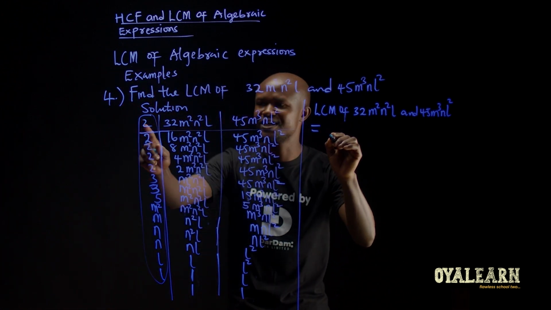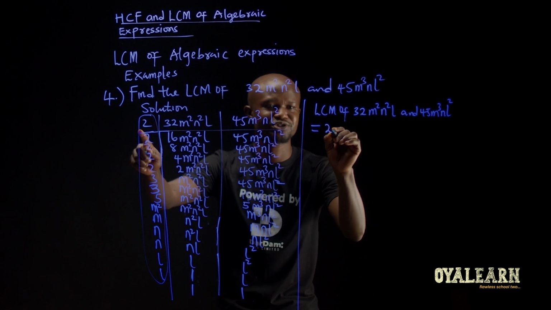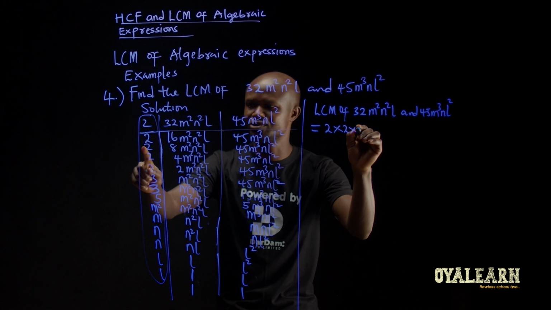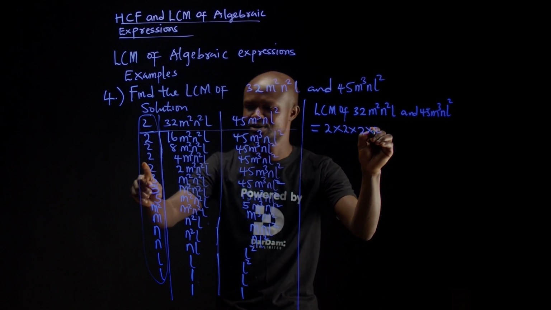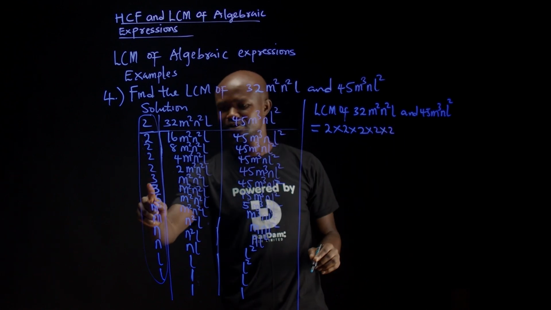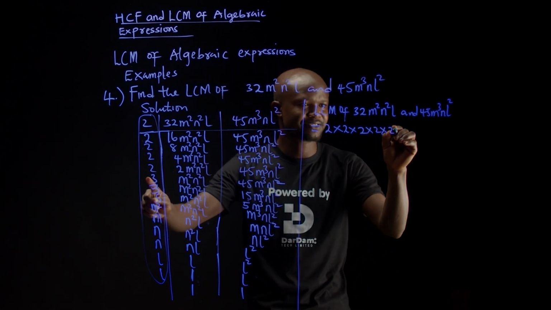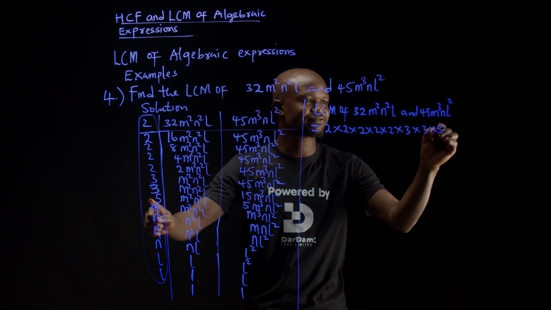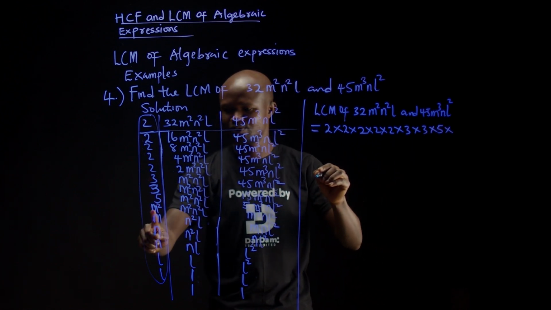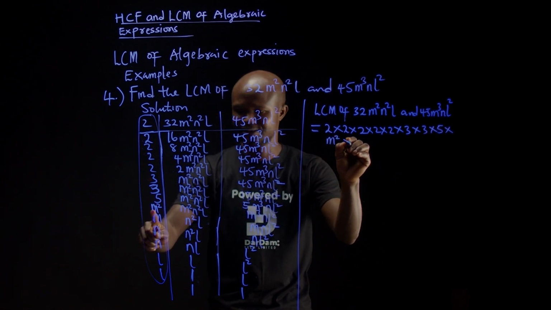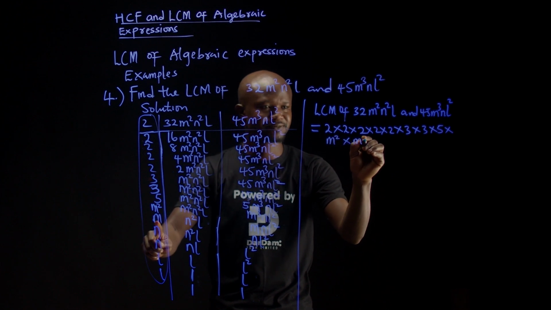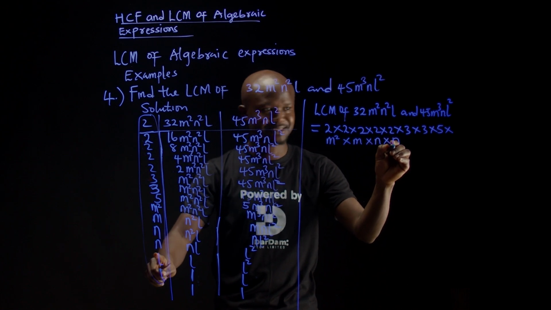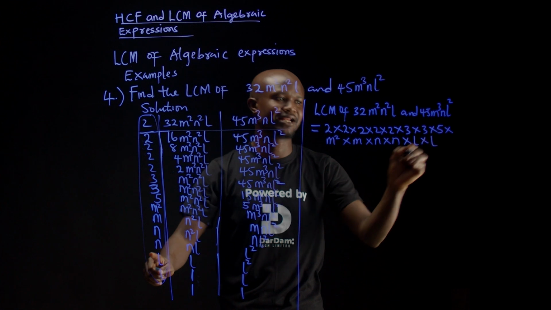We have 2 times 2 times 2 times 2 times 2, and we also have 3 times 3 times 5, times m² times m times n times n times L times L.